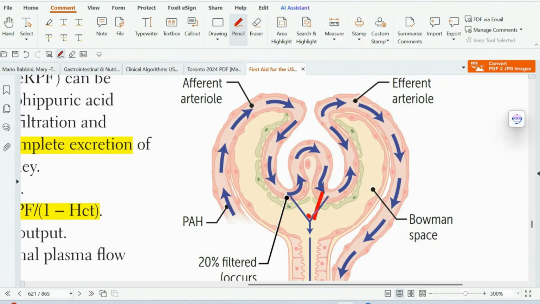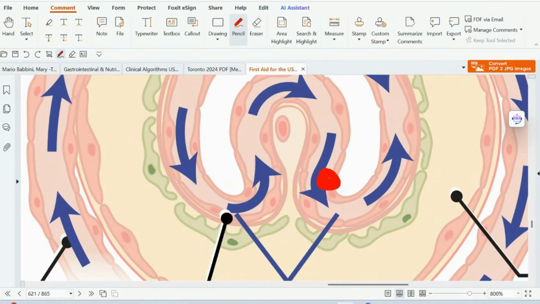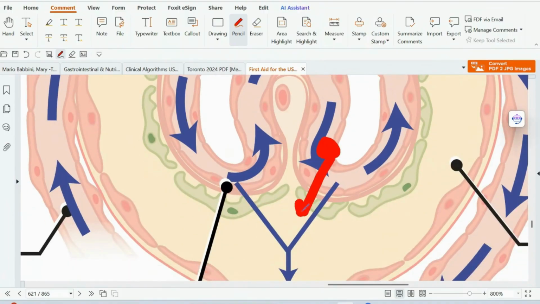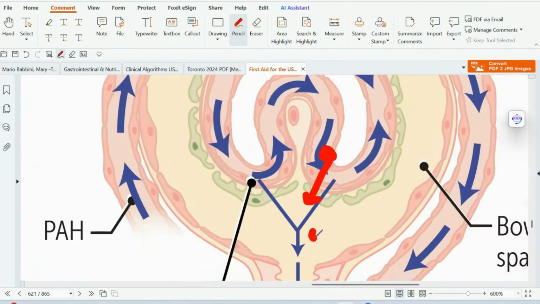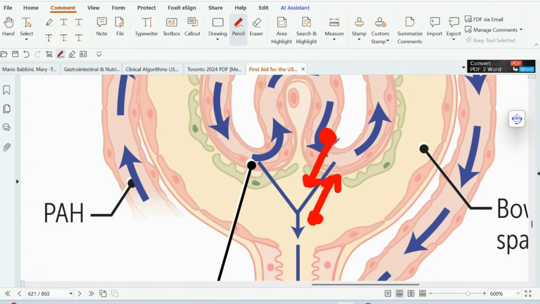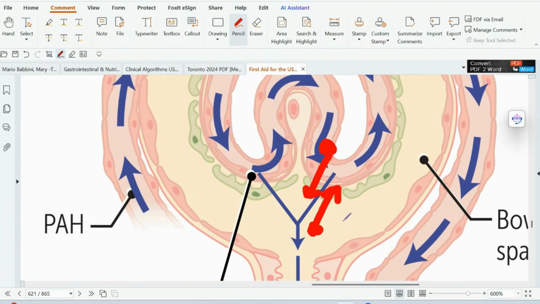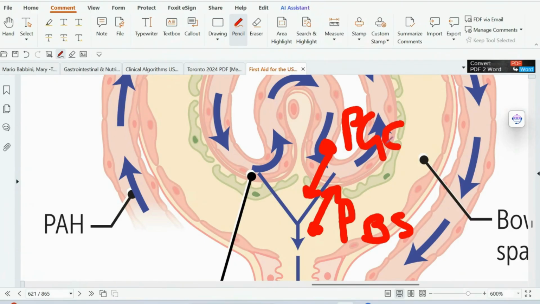This static pressure is pushing outward, right? This static pressure is pushing outward, right? So I have to subtract both of these, right? So this is called PBS because of Bowman space, and this is called PGC because of glomerular capillary.